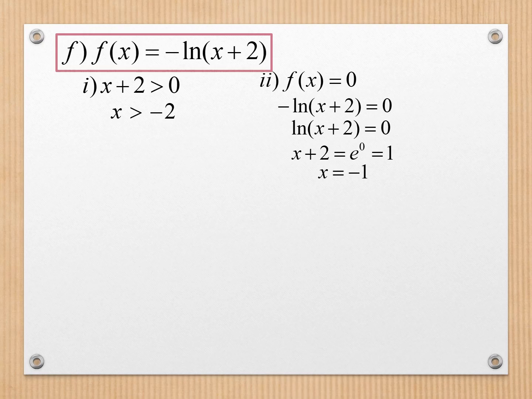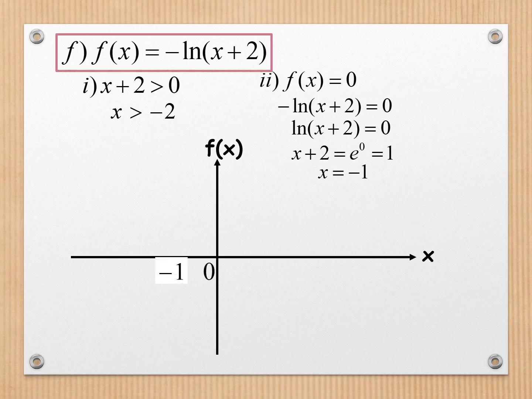Since in front of ln there is a negative, it's moving down. The graph is on the right side of the vertical asymptote at x equals -2, and it's moving down with x-intercept -1.